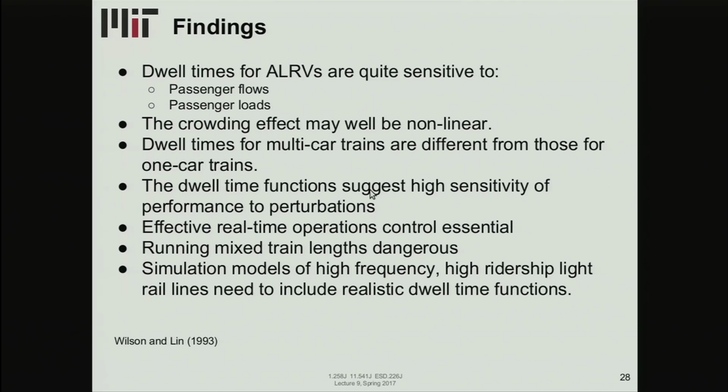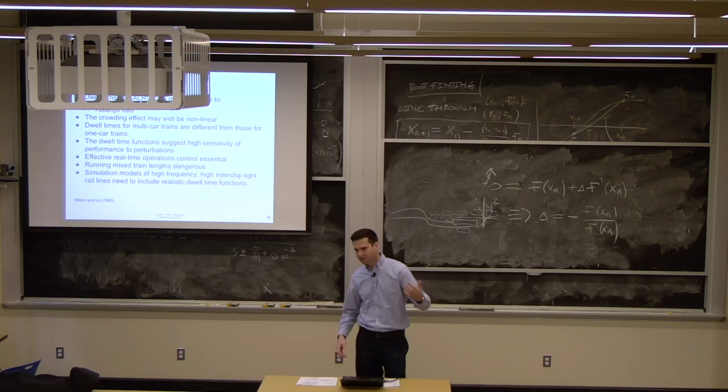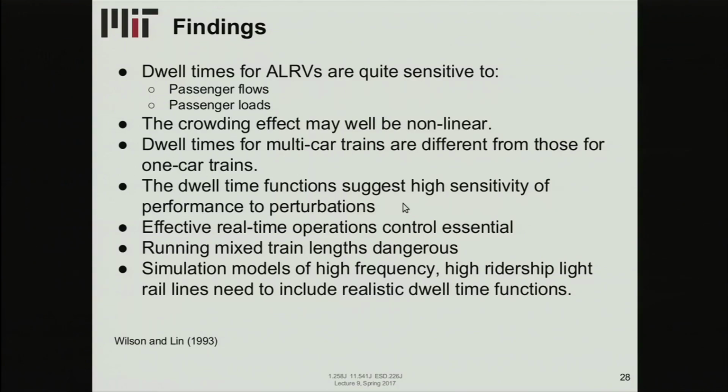The dwell time functions suggest high sensitivity of performance to perturbations. So we saw what the perturbations were earlier in this lecture, and this model is sensitive to some of them. Because of that, effective real-time operations control should be essential to operating the green line with even headways. So this is more of a recommendation.